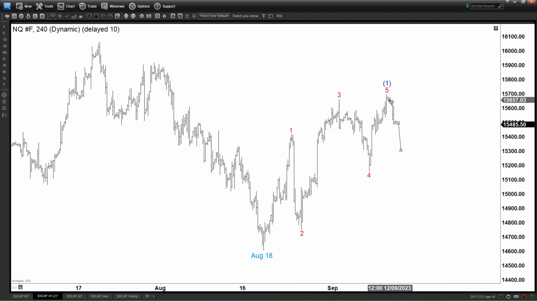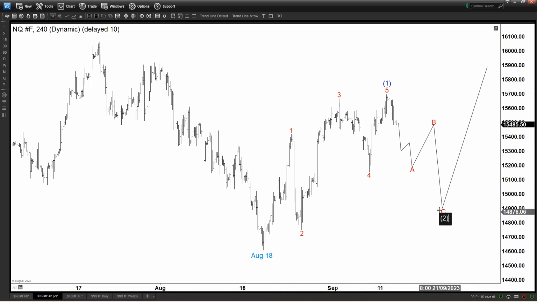Let's say this could become 1, 2, 3, 4, 5 like this, and this is ending A. And then you got a B and a C, and then higher again. So that's another possibility there, which is that we are looking to correct a larger degree, correcting the entire rally here before we go higher.